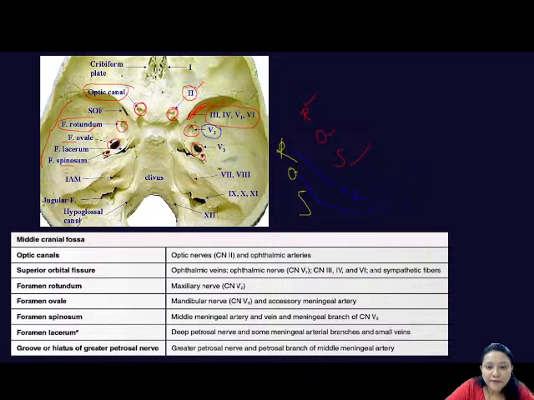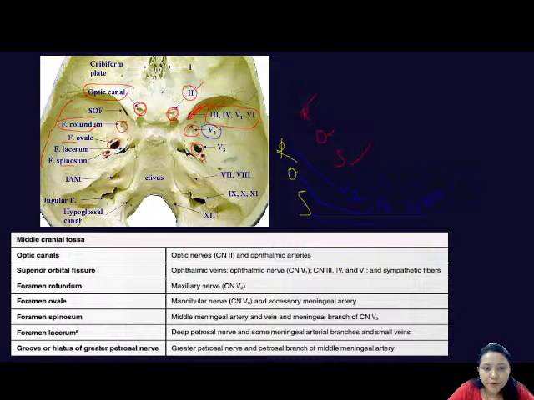And through the spinosum, a recurrent branch from the mandibular nerve will go, that is known as nervus spinosus. It will go in the opposite direction. A recurrent branch from the V3 will pass through the foramen spinosum, known as the nervus spinosus.